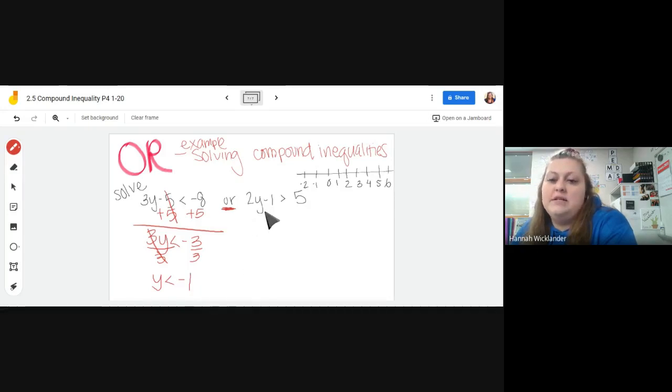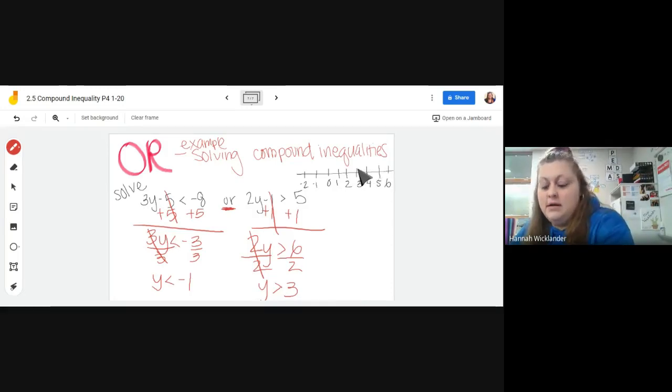And then I'm going to solve this one separately by adding 1. Divide by 2. And then graph each of these on the same number line. So I'll have an open circle at -1 going this way, and an open circle at 3 going this way.